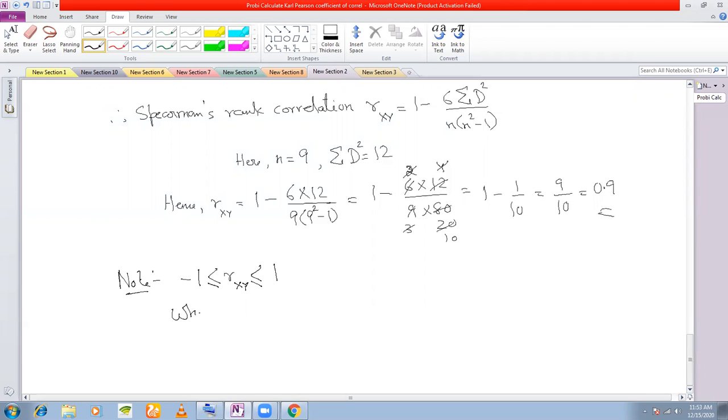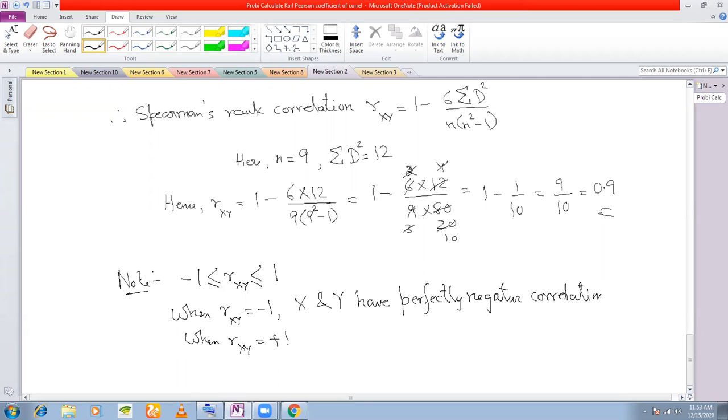And when rxy is equal to minus 1, that means we say that x and y have a perfectly negative correlation, right? When rxy is equal to plus 1, we say x and y have perfectly positive correlation.